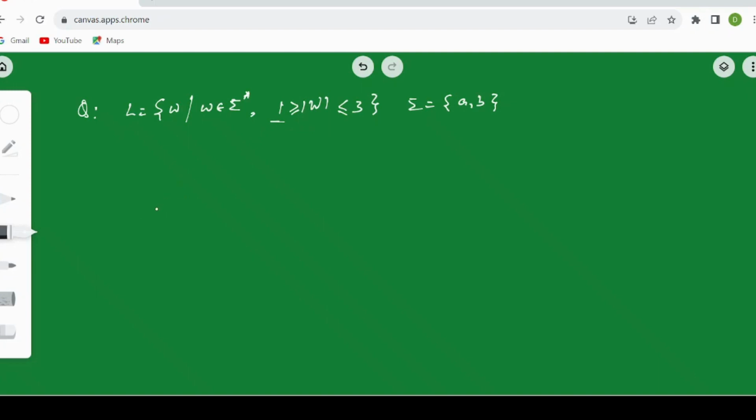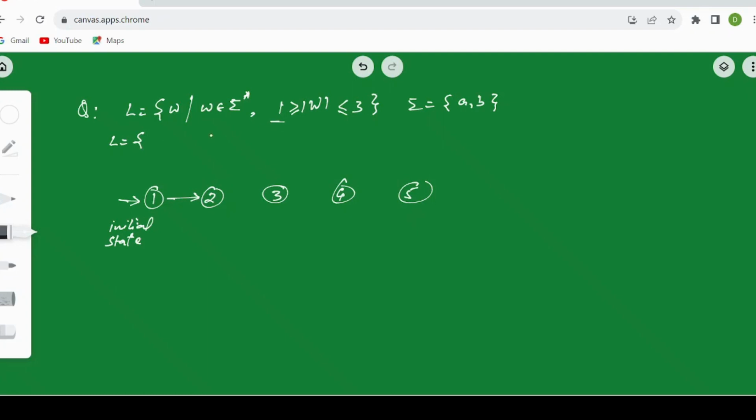So here, similar to the previous example, we will have 5 states. This state number 1, this state number 2, this state number 3, this state number 4 and state number 5. This is the initial state. And this is the first input symbol. Let me write the elements of the language.